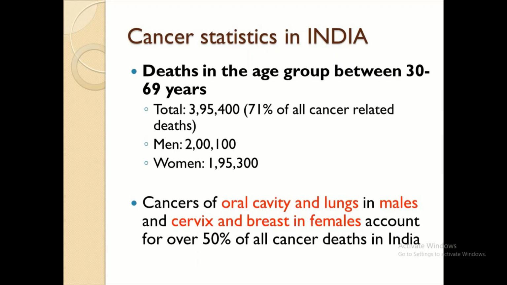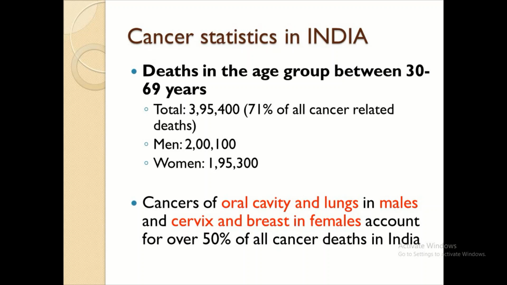The deaths in the age group between 30 to 69 is about 3,95,400. Among men it was 2,00,100 and among women it was 1,95,300. So this is a very critical age group, 30 to 69. About 97% of all cancer related deaths, the total number being 3,95,400.